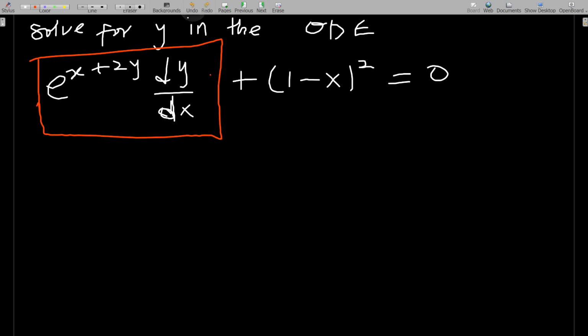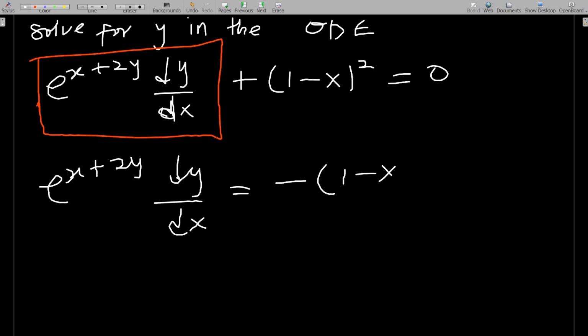Okay, so we don't actually have what we call dy/dx equals something. This time around, we have to manipulate it. So we have e^(x+2y) dy/dx equals minus (1 minus x) all squared.